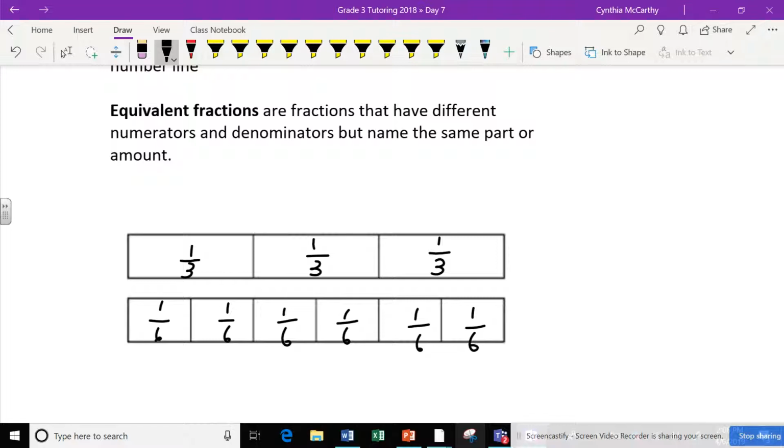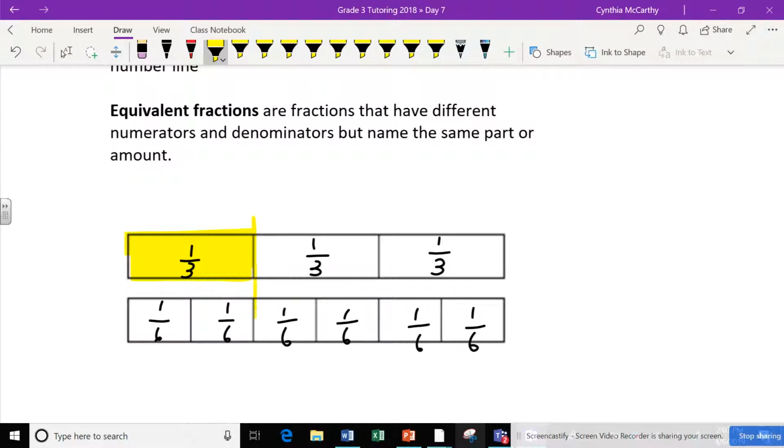I'm trying to find equivalent fractions, or fractions that are the same but might have a different numerator or a different denominator. So let's take a look. When I look at 1/3, if I want to find a fraction in the sixths that is the same or equivalent to 1/3, I'm going to need to shade the same amount on my fraction bar for sixths.